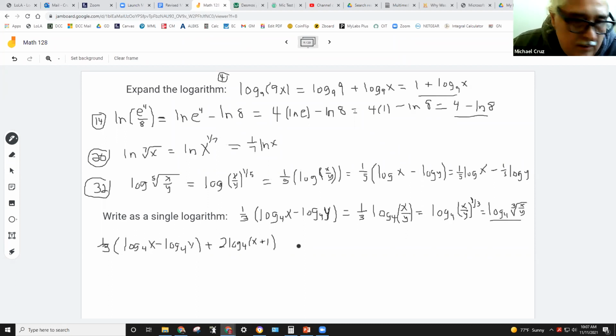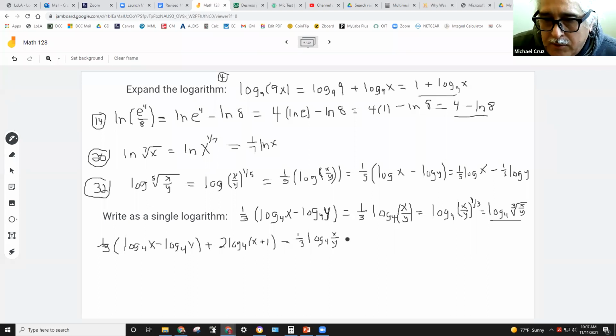All right, so what I'm going to do is the same thing I did on this one up here. I'm going to combine those. 1/3 times that one's put together now into 1.